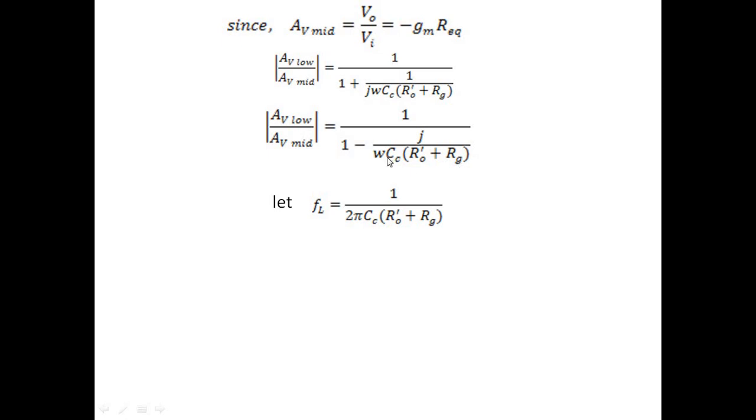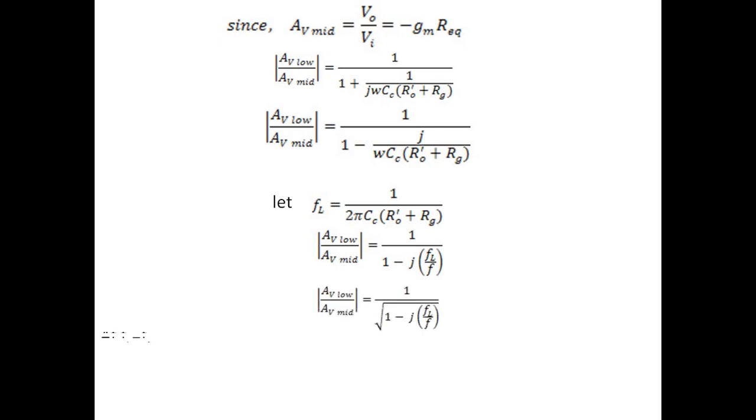Now here we have F left out, which means we can write the formula 1 divided by 1 minus j into Fl divided by F. Now you calculate the magnitude, considering that the frequency applied to the circuit is F equal to Fl, and the magnitude becomes 1 by root 2, which you normally call the 3 dB frequency.